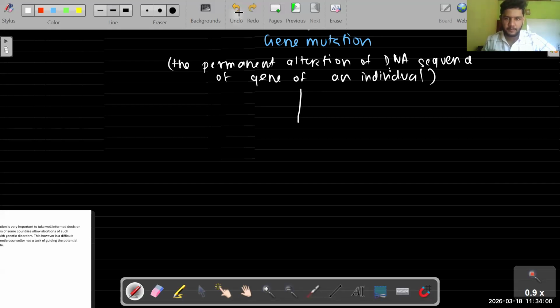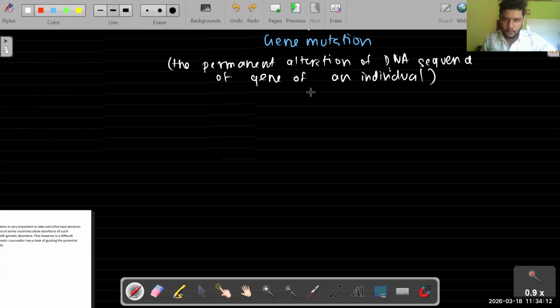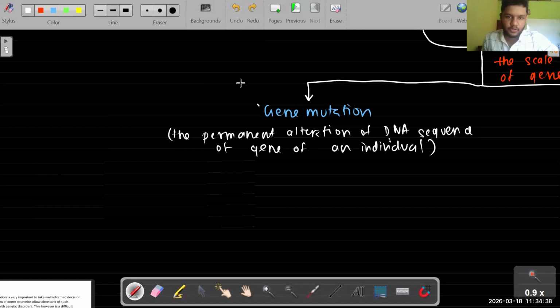It is caused by three main factors. What are they?